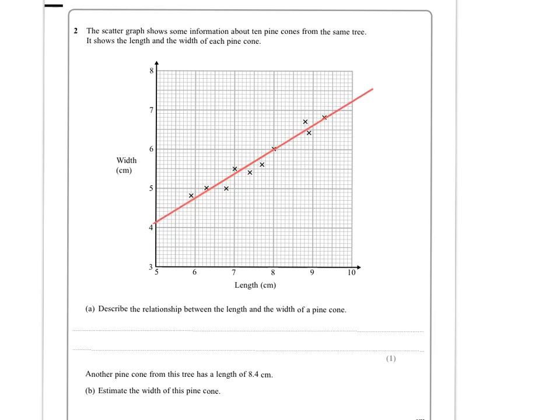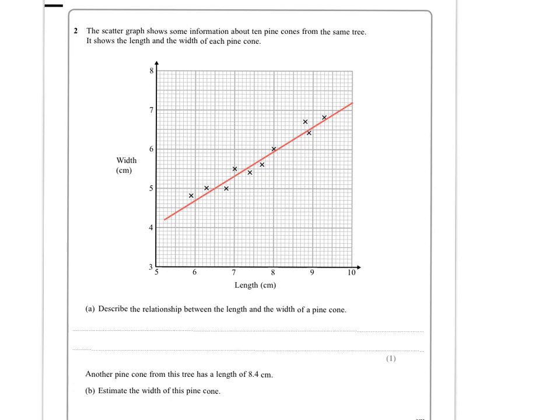And I would get it to be around about there. So you've got, reasonably going through the centre of where the trend is. It hasn't got to be perfectly correct.